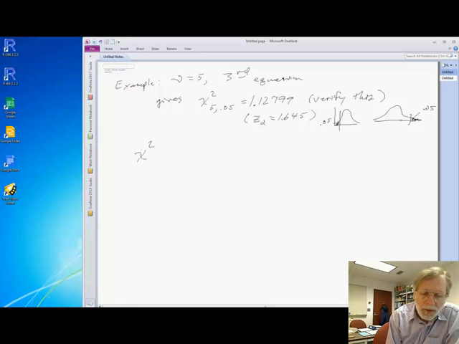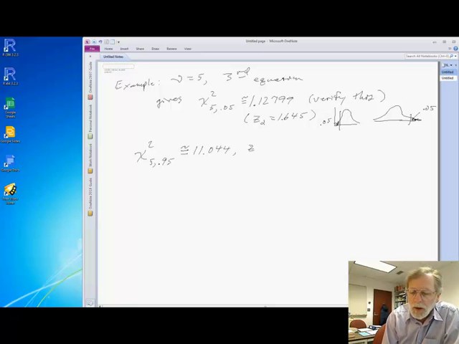In a like manner, the 0.95 quantile is approximately 11.044. Z alpha in this case is negative 1.645.